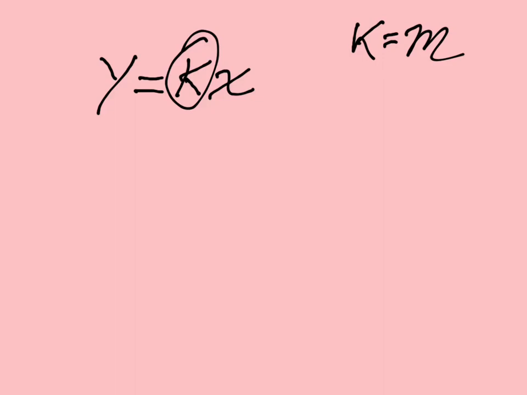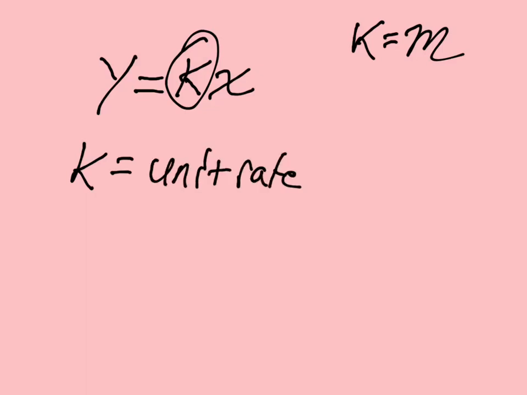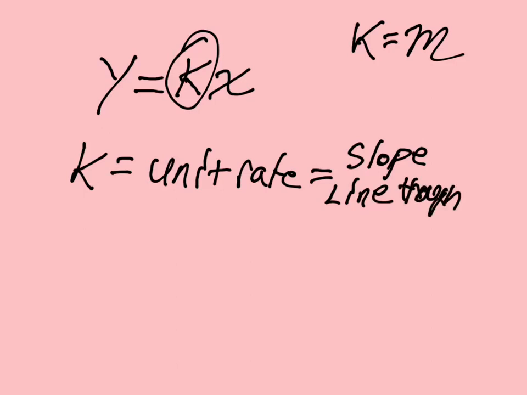So k is the unit rate, is the slope when we have a line through 0, 0.